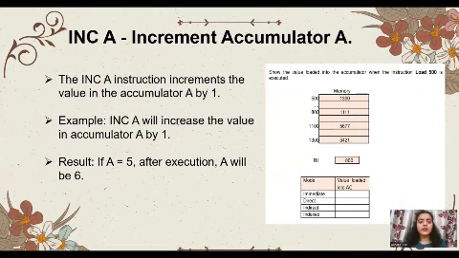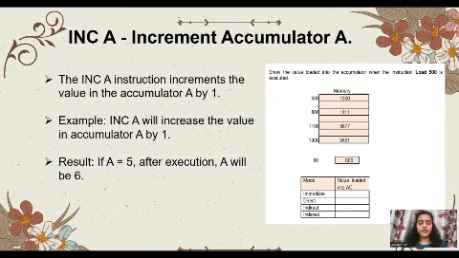And increment A, which is represented as INC A. Increment means increasing the value. It is an instruction that increments the value in the accumulator A by adding 1. For example, INC A will increase the value of accumulator A by 1. For the result, I assume A is equal to 5.